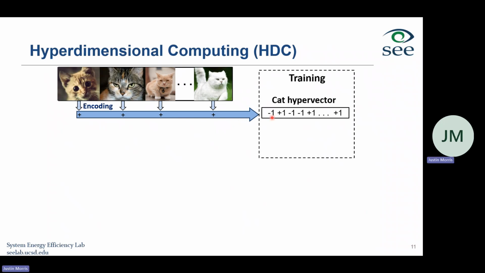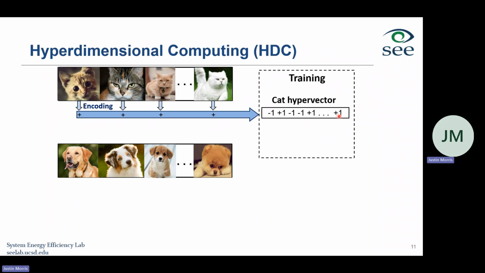So again, this is 10,000 dimensions. And then because we want to be efficient, we're going to also quantize the cat hypervector. If a dimension is negative, we make it -1. If it's 0 or positive, we make it +1. And now we have this binary pattern of -1s and 0s that generalizes a pattern representing cats.